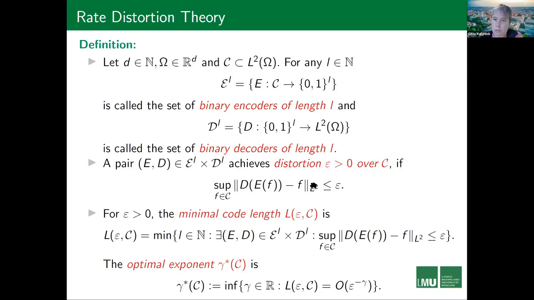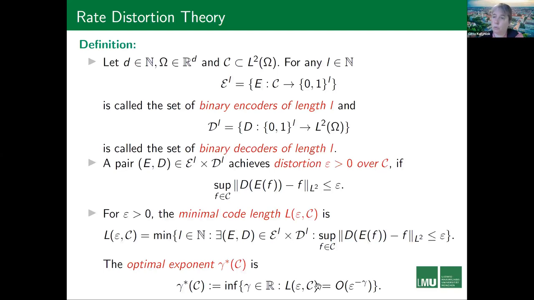So we now look at encoder-decoder pairs which achieve this distortion, so which are benign in that manner. And certainly the longer these codes, the easier things. I'm now interested in the minimal length of the code so that this is still true. So this is the minimal code length, and epsilon was fixed here.